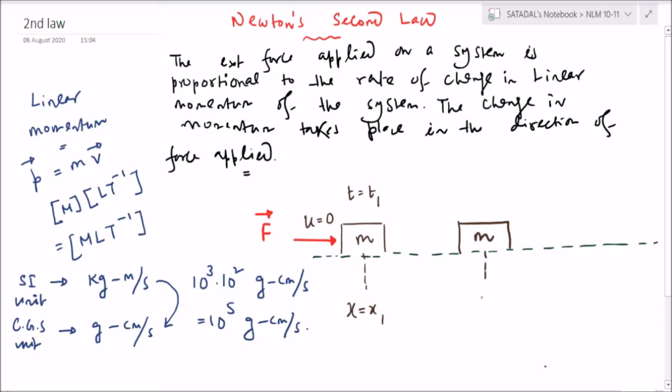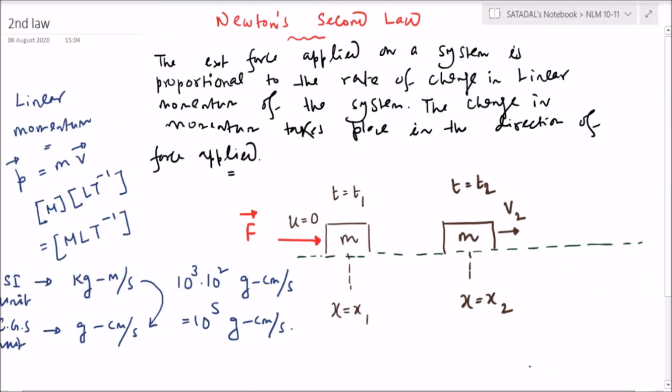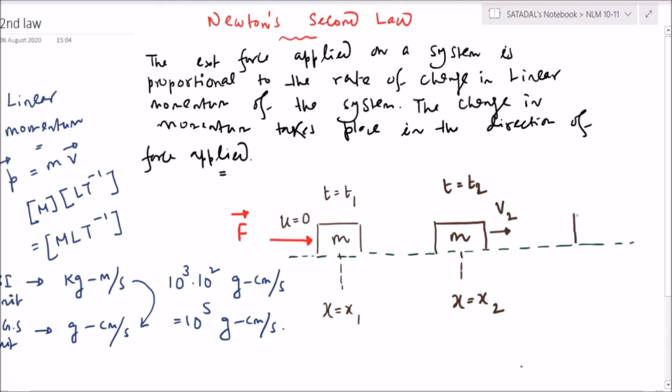I'm assuming this is x is equal to x2, and this time t is equal to t2, and the block is moving in this direction with velocity v2. Let us say, as the force is continuing, so I will have another position over here, mass m, time t is equal to t3. This is the position x is equal to x3, and it is moving with v3.